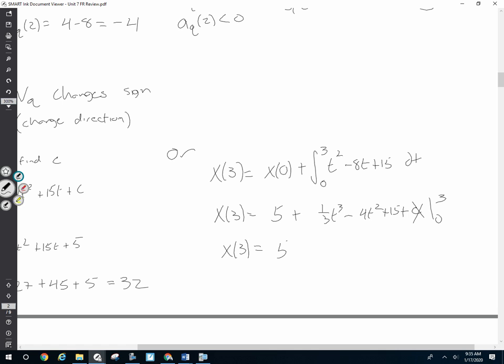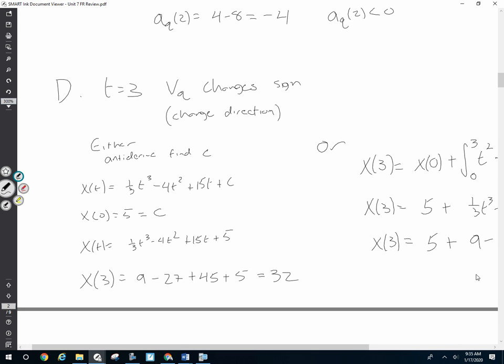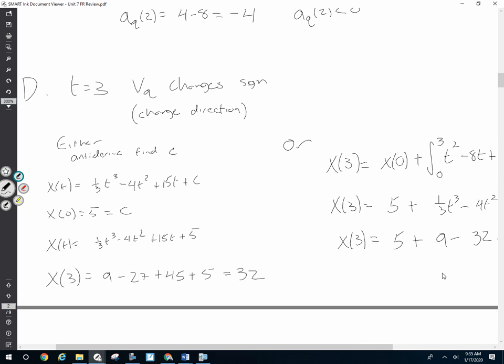I get 5 plus, it's the same calculations. 9 minus 32 plus 45. Did I make a mistake here? No. Why did I say that's 27? Oh, because I'm plugging in 3? No. 9 times 4 is 36.